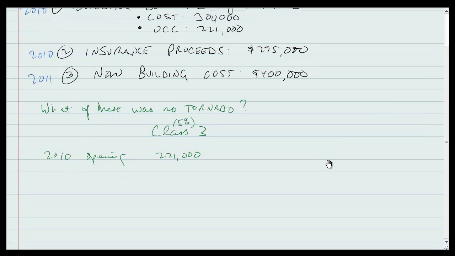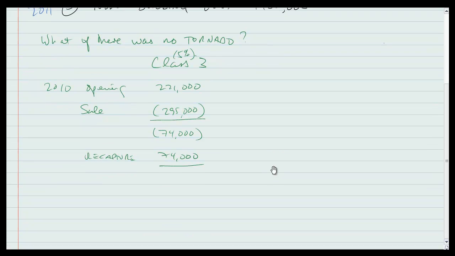Then we would have this sale, and we would remove the proceeds because it's lower than cost by $5,000. The sum of those two things is negative $74,000, so we would have recapture of $74,000 because it's the only asset in the class. The class is now empty.